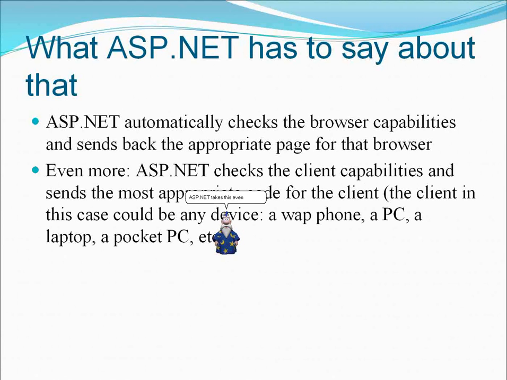ASP.NET takes this even further by checking what kind of machine or device the current user is using. Now people can use a PC, a laptop, a smartphone, a pocket PC, and many other types of devices to access a web page. And ASP.NET will supply the appropriate code to fit that device.